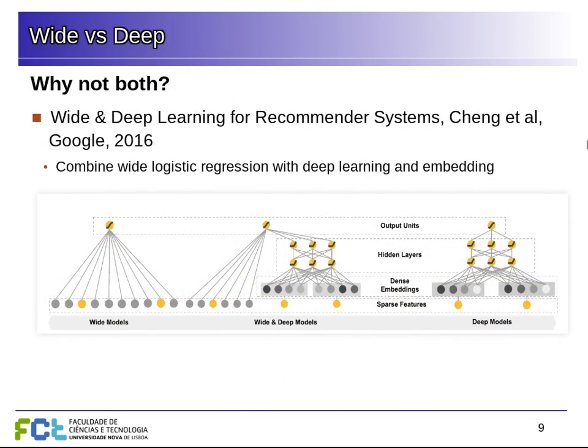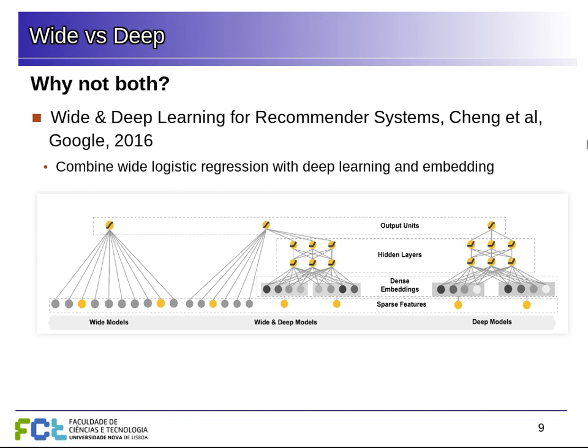So one example here is a paper where the authors did a combination with logistic regression, so a linear model using a large number of features, and then deep learning for embedding in the hidden layers the large dimensionality of the features. So basically creating this network that funnels everything into this output unit.